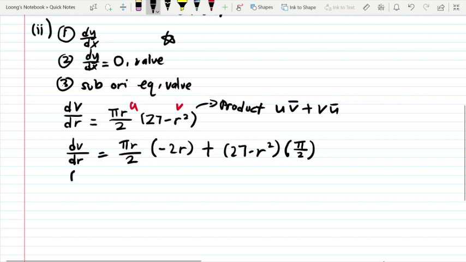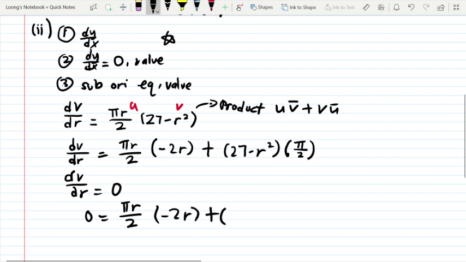And now this dV/dr equals to 0. So 0 equals πr over 2 times negative 2r, plus (27 minus r²) times π over 2.